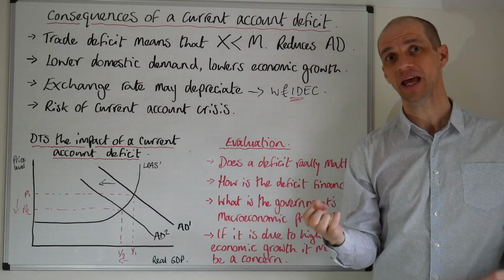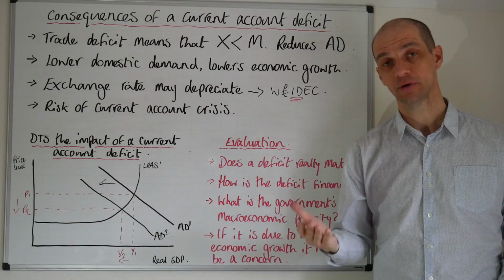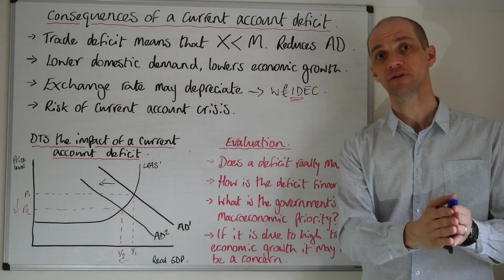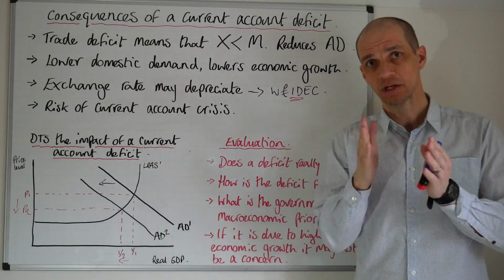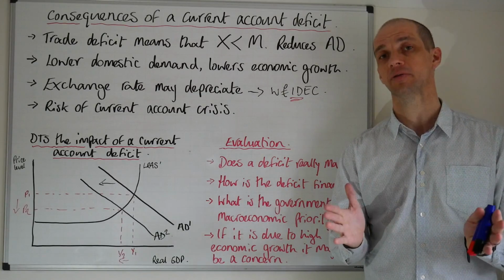Okay, so we've already touched on this point really, but there's a real risk of current account crisis. However, it will depend upon how you are financing this current account deficit. So we've seen that if you run a current account deficit, then you must be running a capital account surplus. So the question then becomes, how are you financing this current account deficit?